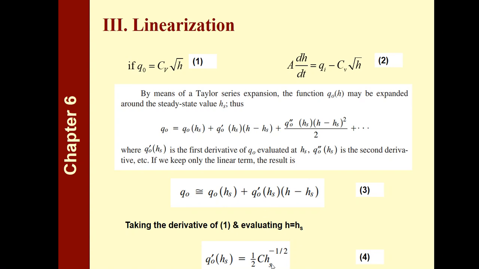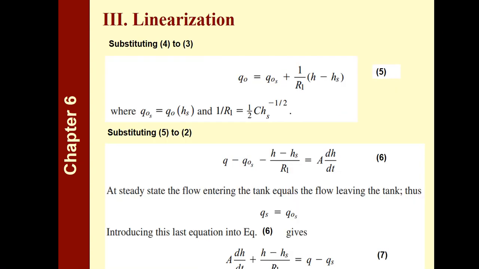This is already evaluated at steady state, so you are to plug it in here. And once this q sub o prime of h of s is substituted here, the entire equation 3 changes, and once it is changed, you go back to the original equation 2 to have your DE now, which is made linear in form.